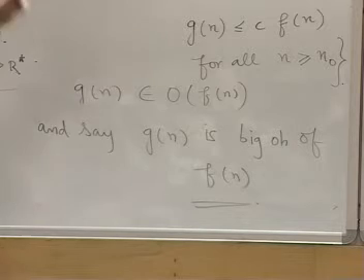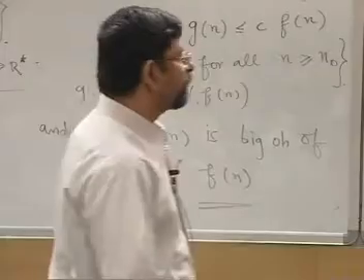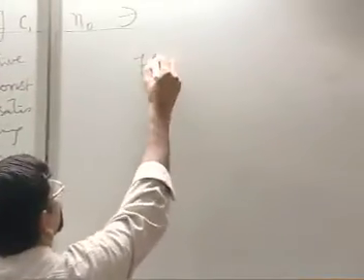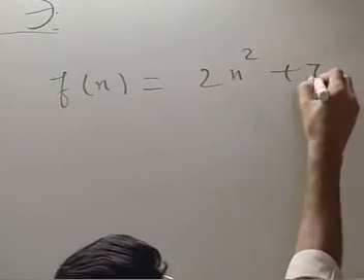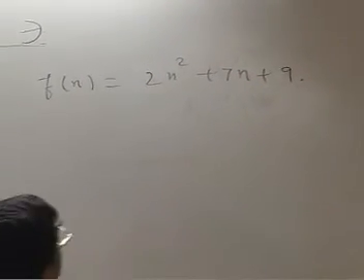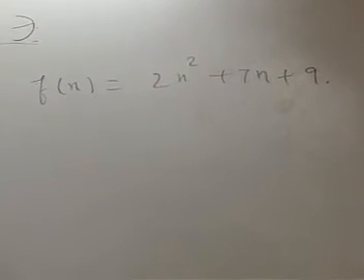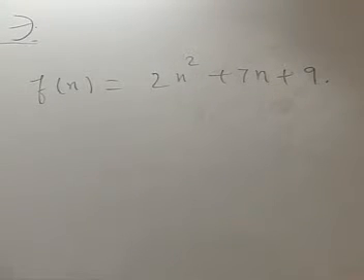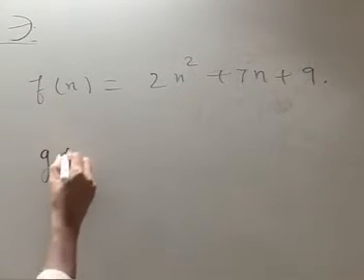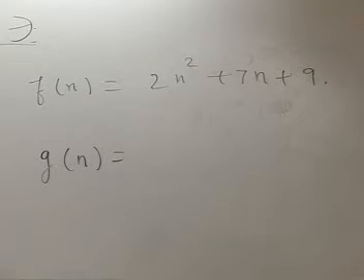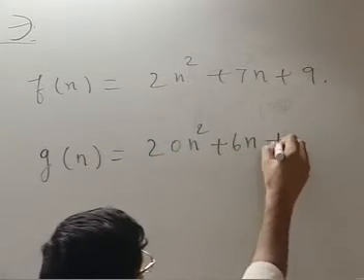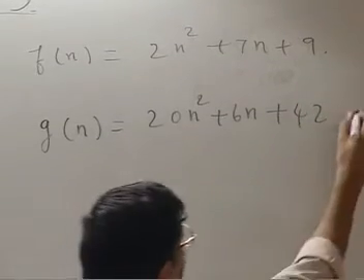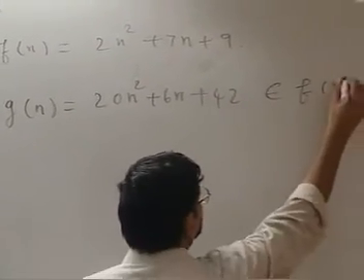Simple examples to clarify what this means. Okay. Let us consider f of n as 2n square plus 7n plus 9. Now I claim the following: g of n, which is equal to 20n square plus 6n plus 42, belongs to big O of f of n.